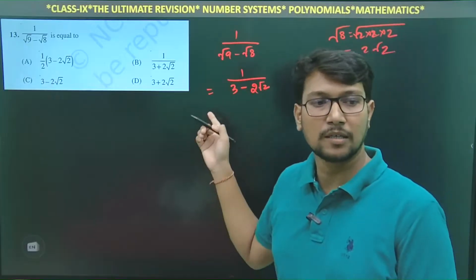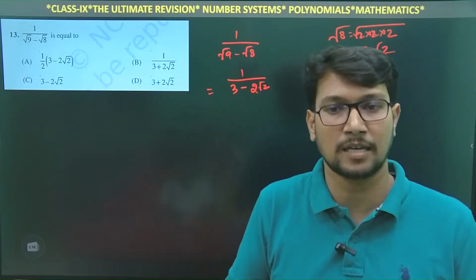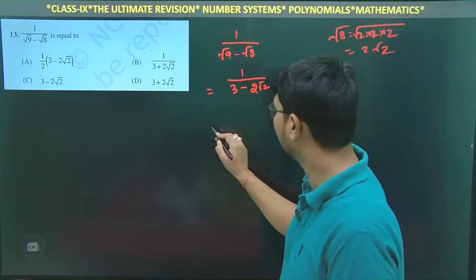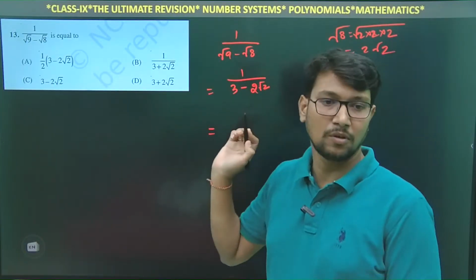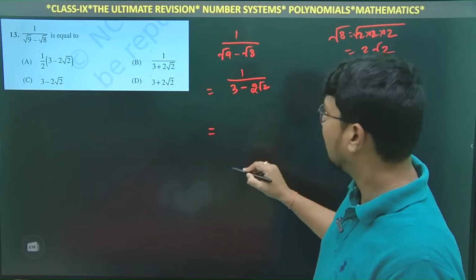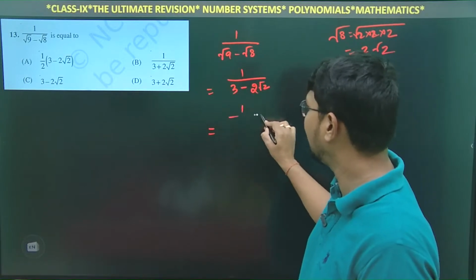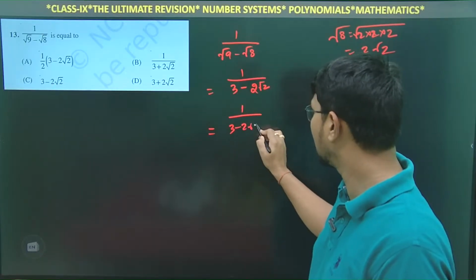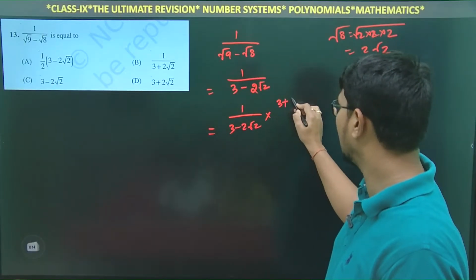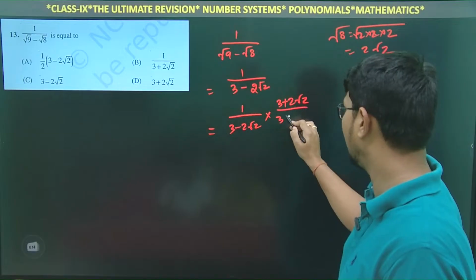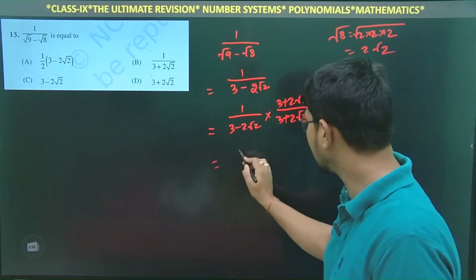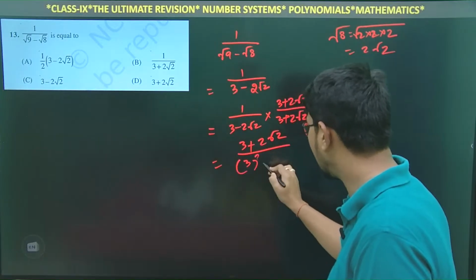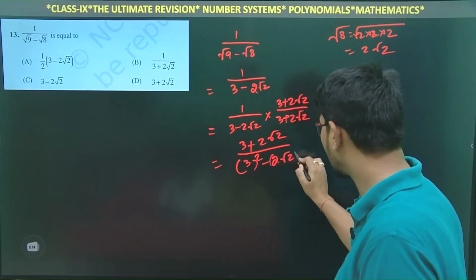Okay, but it is irrational. Which one is irrational? The denominator is irrational. So what do you have to do? We have to multiply the rationalizing factor. So 3 minus 2 root 2 into 3 plus 2 root 2 by 3 plus 2 root 2, which is 3 plus 2 root 2 by 3 square minus 2 root 2 square.